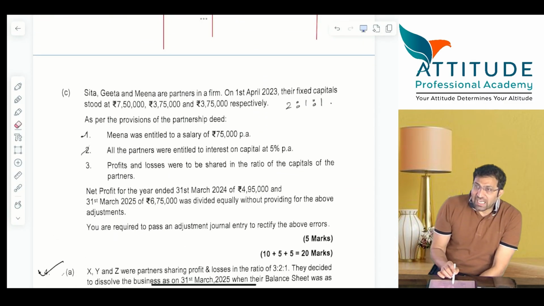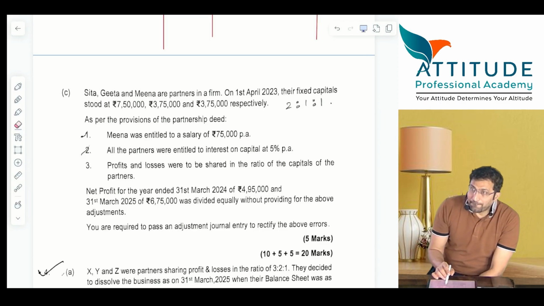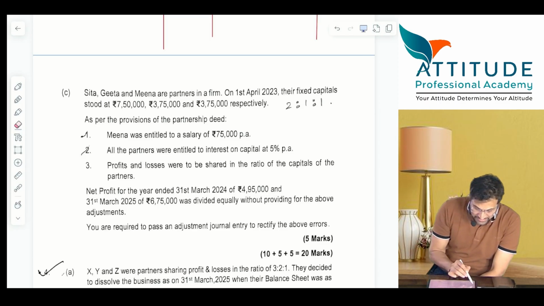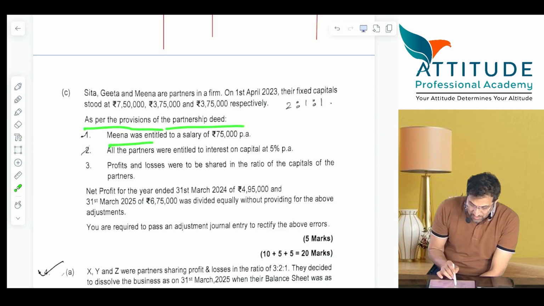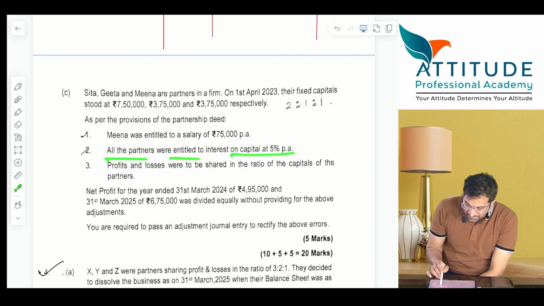Sita, Geeta, Meena are partners in a firm. On 1st April 2023, their fixed capital stood at 7,50,000, 3,75,000, 3,75,000 respectively. Fixed capital. Now, as per the provisions of the partnership deed, Meena was entitled to a salary of 75,000 per annum. All partners are entitled to interest on capital at 5% per annum.